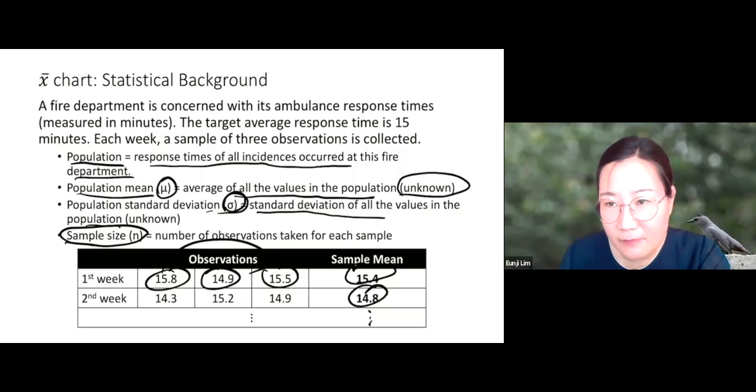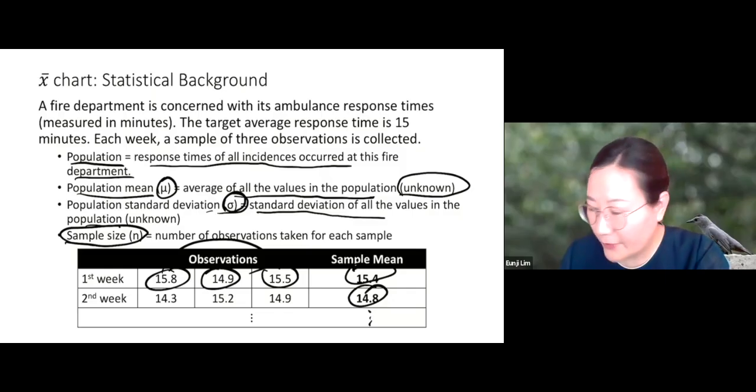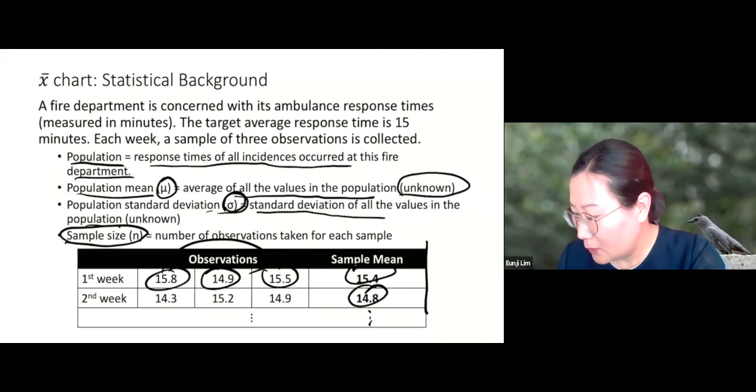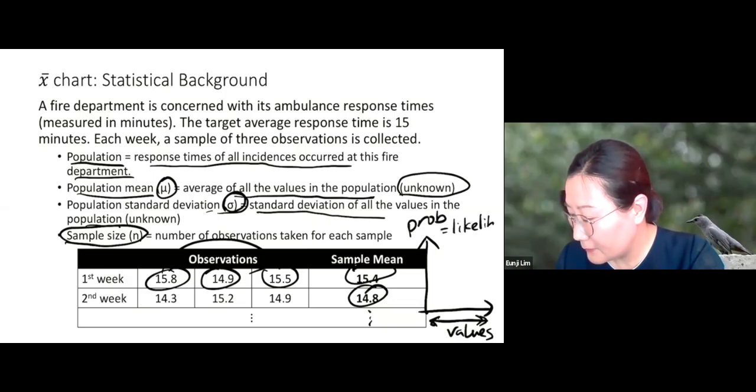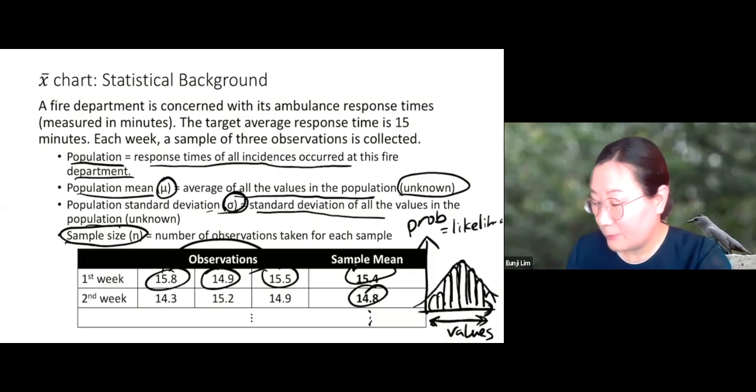We can think of a distribution as a graph like this. On the x-axis, we put the range of all the possible values for the sample mean, and on the y-axis, we put the probability of each value or the likelihood of each value. And then we're gonna plot the likelihood or the probability, and this is gonna be the distribution of the sample mean.